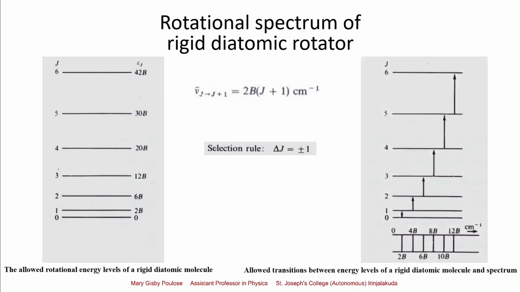And we get the allowed transitions between the energy levels of the diatomic molecule as such, and the spectrum is shown below. Here we have to note that delta J equals plus 1 represents absorption and delta J equals minus 1 represents emission.